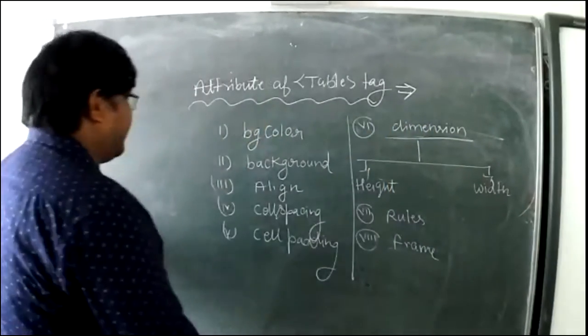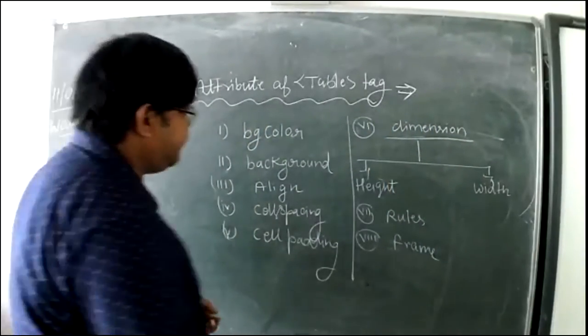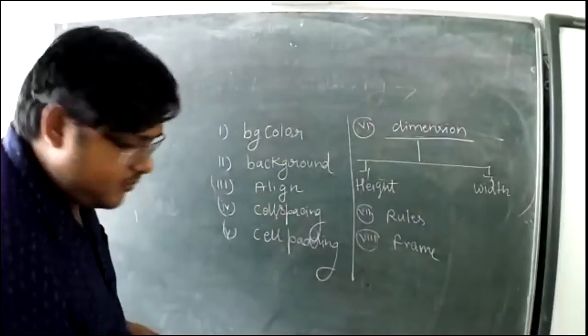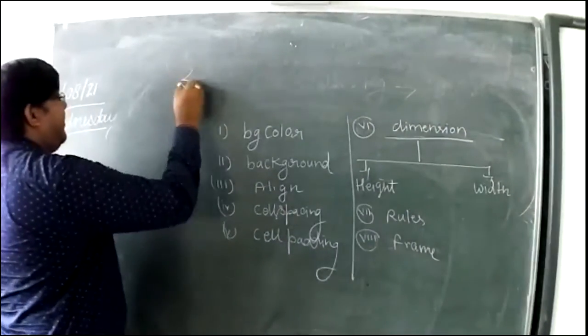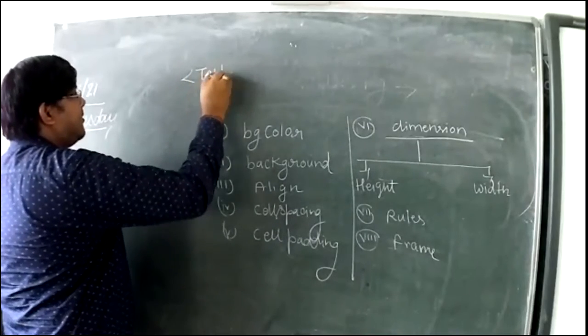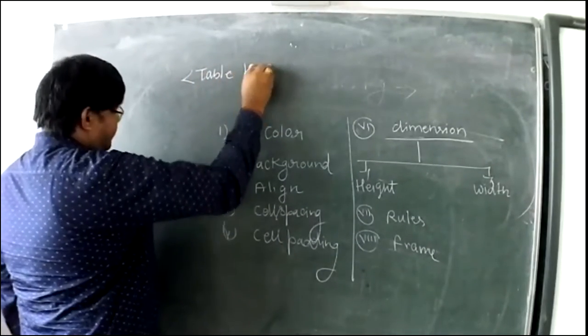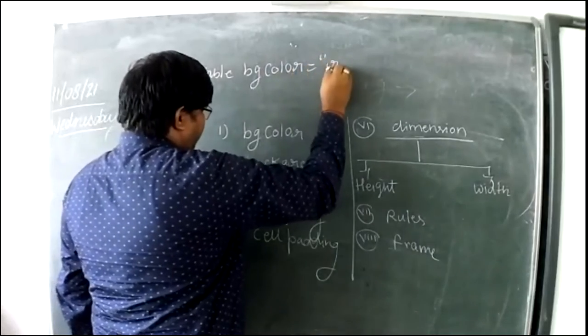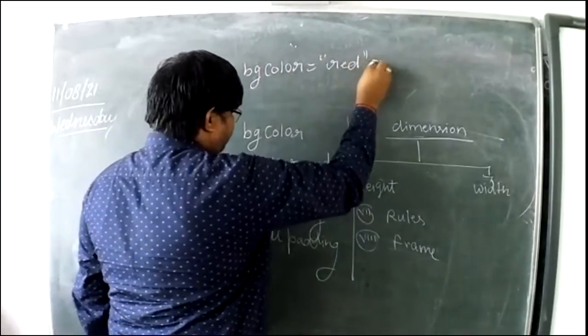Syntax. What is the syntax? I will show you here. Table BG color is equal to color name, whatever, that is red.